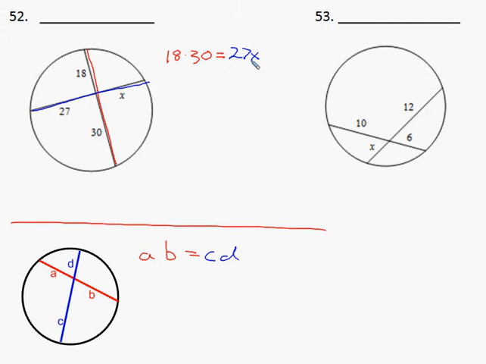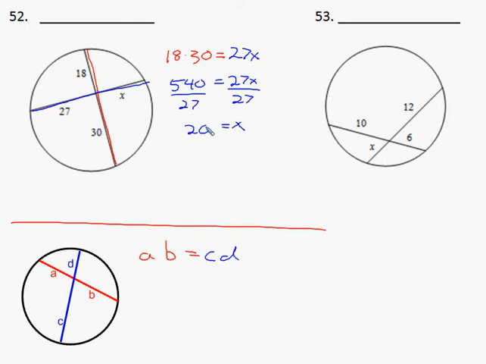And then doing the math there, 18 times 30 is 540, equals 27x. Dividing both sides by 27, we get x is equal to 20.